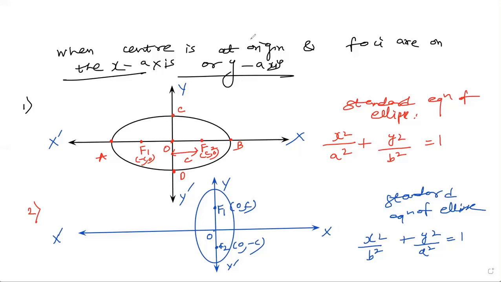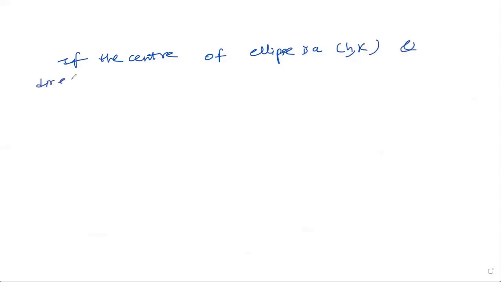Now we'll see the general form. So the general form, you can write it in this way: if the center of the ellipse is at (h, k), any general point we are taking, and the directions of the axes are parallel to the coordinate axes.